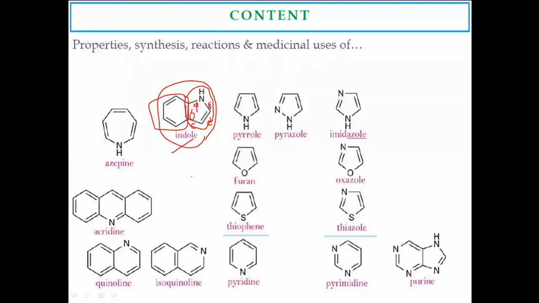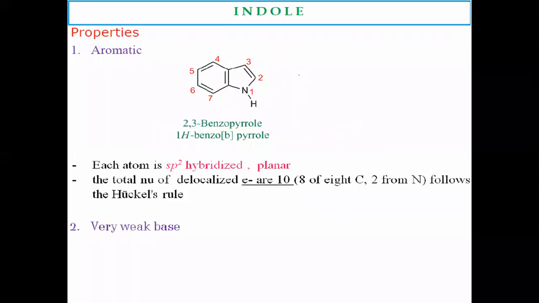So we have to discuss here the properties, some preparation or synthesis of indole, chemical reactions, and indole-containing medicinal drugs and their usage. So we have to discuss one by one with this indole.